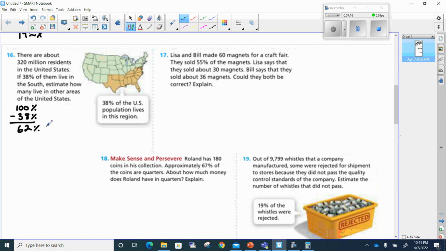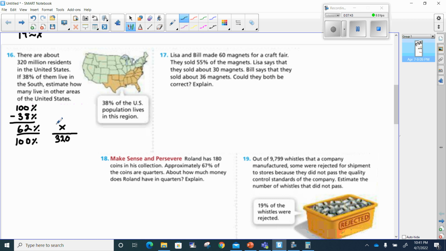Now I'm looking for 62% of the population. If this is true, I know my 62% is going to go over 100%. And since there are 320 million residents, I can put 320 million over here. Or I can just remember that this is in millions.